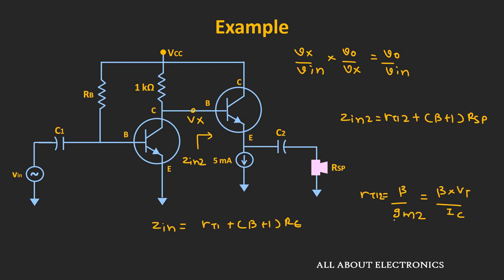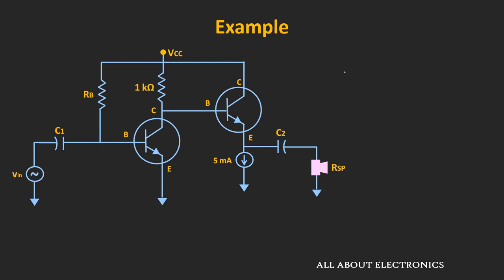Now here, this emitter follower is biased at 5 mA. And for simplicity, let us assume that the thermal voltage Vt is equal to 25 mV. That means R pi 2 is equal to beta times 25 mV divided by 5 mA, and the value of beta is equal to 100.